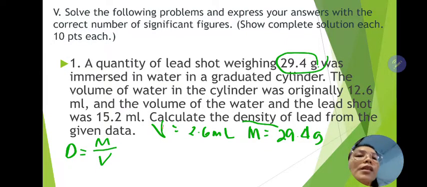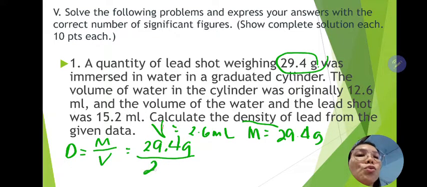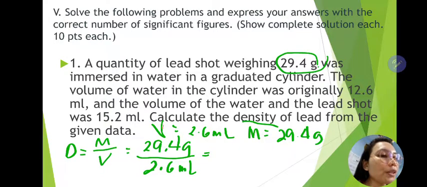Okay? So, sa-substitute lang natin yung mga given data natin dun sa formula natin. Mass is equal to 29.4 grams. And our volume is equal to 2.6 ml. So, computation, 29.4 divided by 2.6 ml. So, that will give us 11.3.